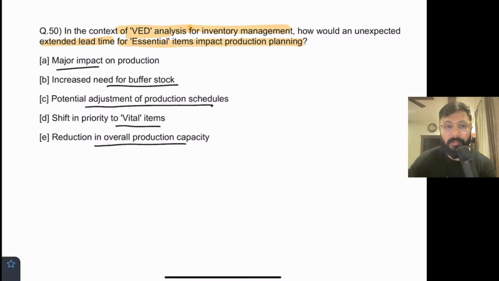Yes, the answer is option number C, potential adjustment of production schedules. That is our correct answer.